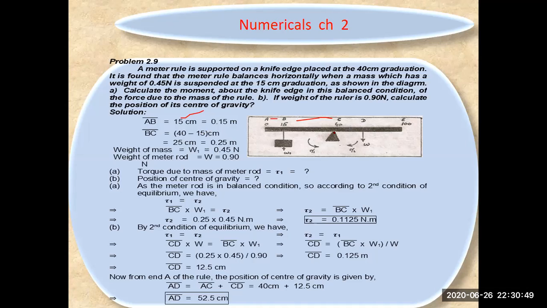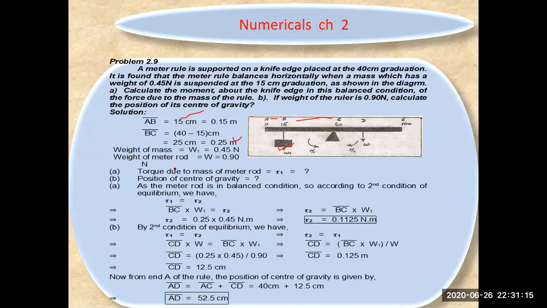BC is basically 40 minus 15. Subtract these two, you will get the distance of BC from point 40. So it's basically 25 centimeter, and the weight of this one is 0.45 Newton. The meter rod is 0.90.